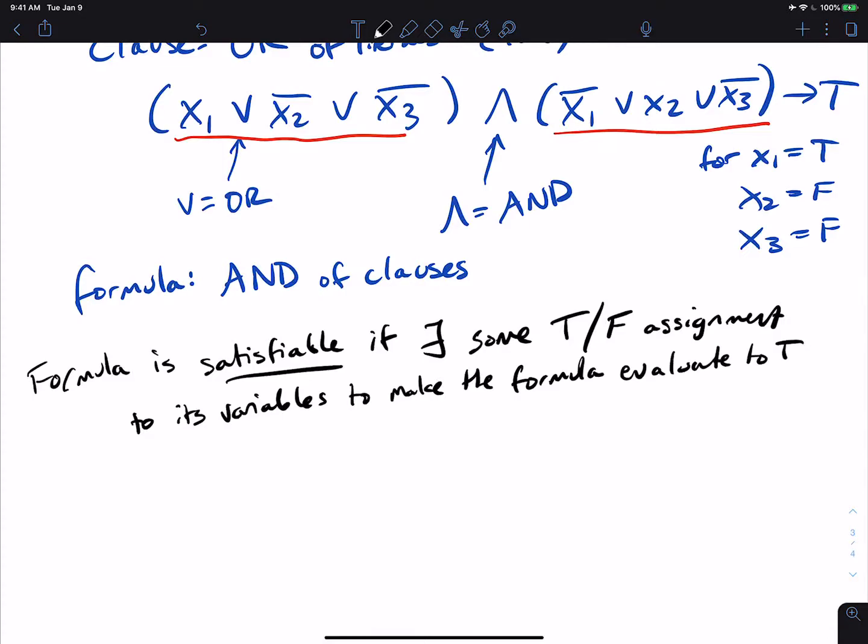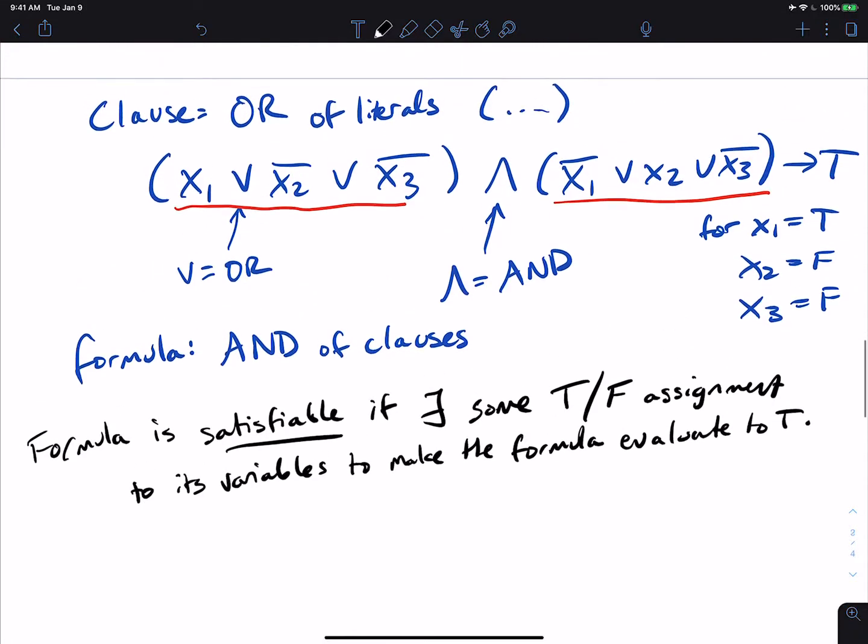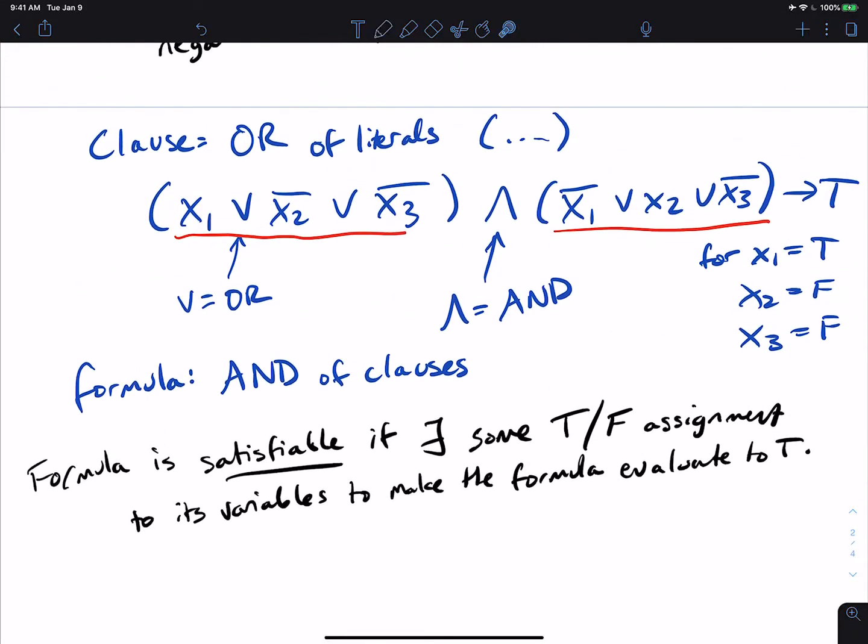And for that reason, the formula we just talked about before was satisfiable because we found an assignment to the variables to make the formula true. And there very well could be a different set of assignments for which the formula is also true. As long as some true-false assignment makes the formula true, that's all that we care about.